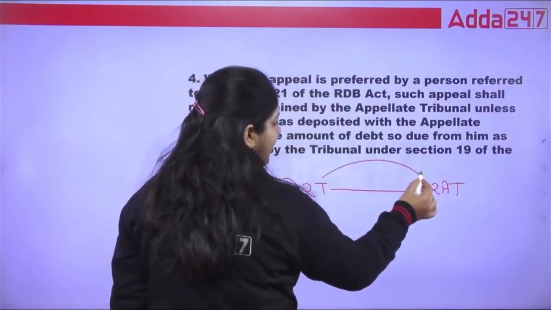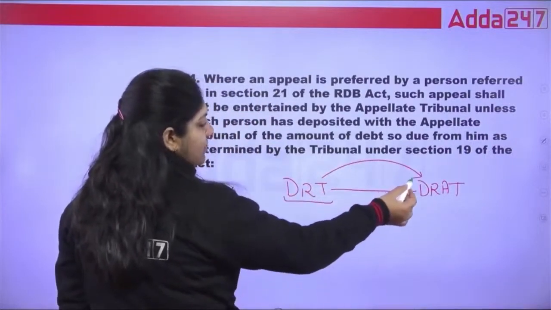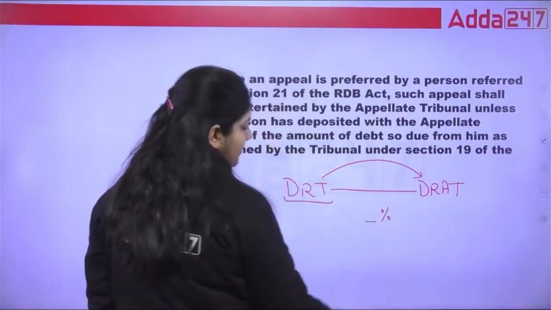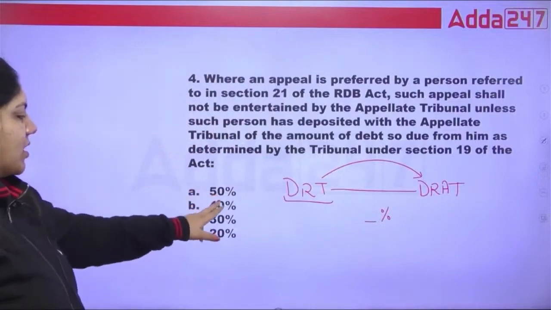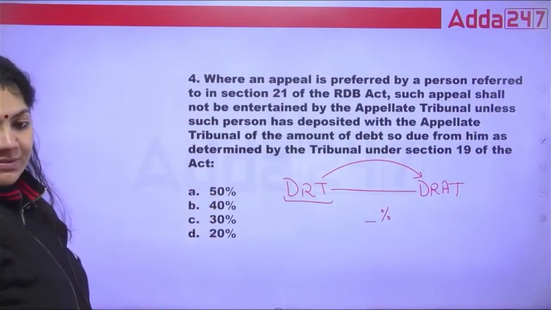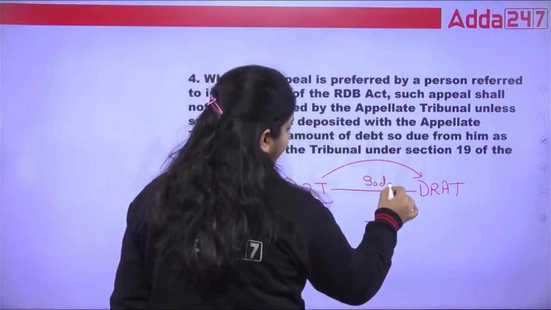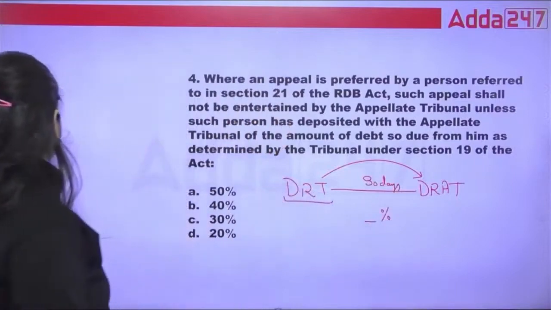Suppose any person wants to appeal in DRAT, so he has to deposit some amount. What is the particular amount? 50%, 40%, 30%, 20%. And you have to remember, he has to go to the DRAT within 30 days.